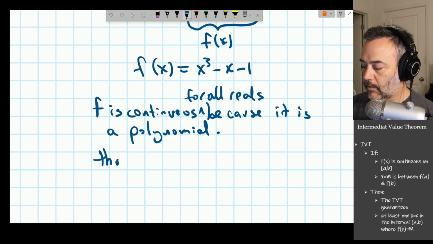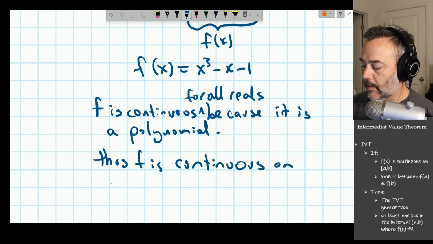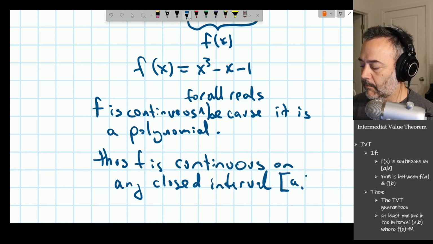Thus, f is continuous on any closed interval a to b. Pick any closed interval you want.